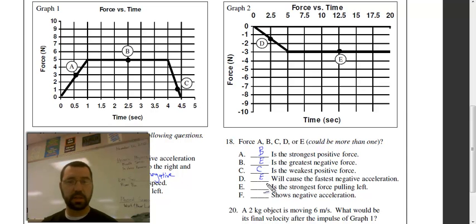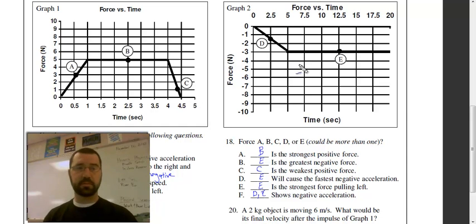Strongest force pulling left would be E as well. And it shows negative acceleration. This would be both D and E, because D is negative. It's just not the greatest. It's not the most negative, but it is negative.